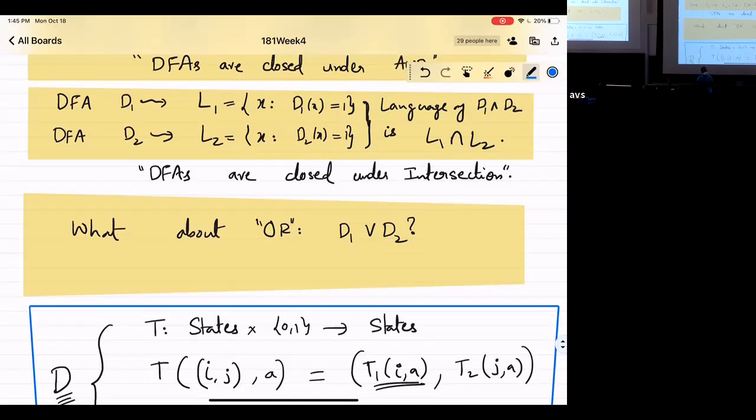Just as a warning though, it seems obvious that these closure properties should be satisfied for any reasonable model of computation. But sometimes even interesting models of computation do not satisfy these closure properties, or when they do, it's highly non-trivial to understand. Okay? And we'll talk about these things in the next class as well.